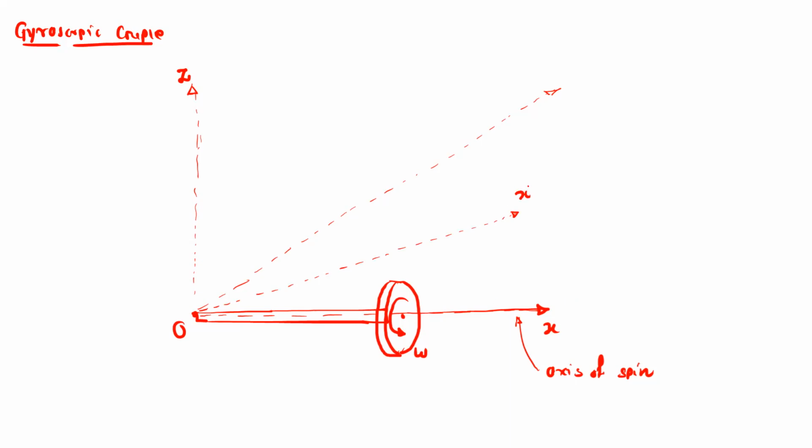I will take this as X dash. This is the orientation of the shaft after rotation. Let us assume this small angular rotation is delta theta.